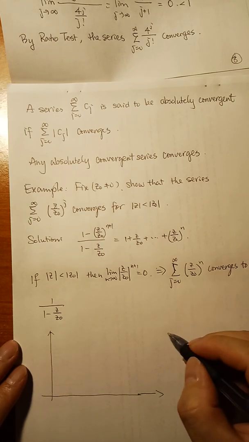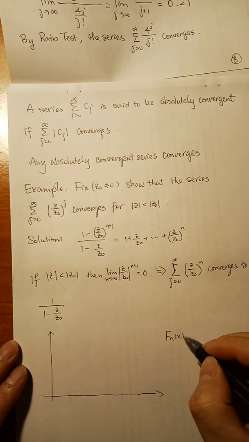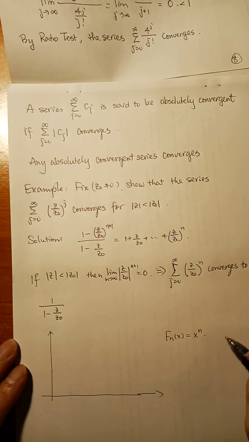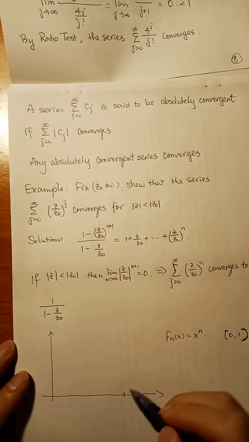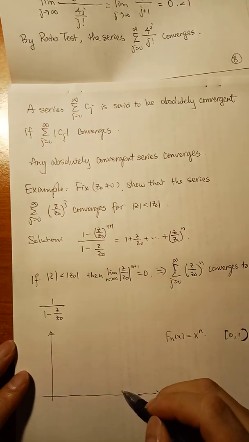So we have capital Fn of x, Fn of x as nth power of x, and we just focus on the interval 0 and 1, excluding 1. We don't want 1.